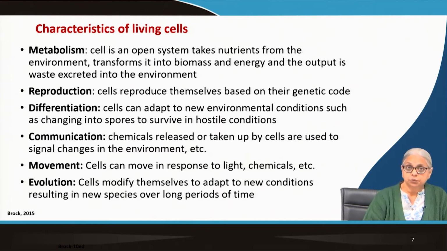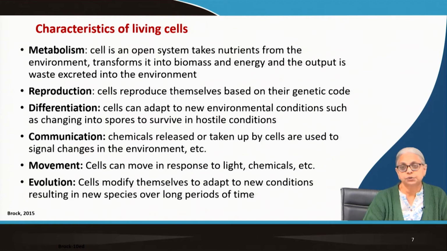Can they communicate with each other? The answer to that is yes. They release chemicals into the environment, and these chemicals can be used as signals for other cells of the same species to understand what is going on.